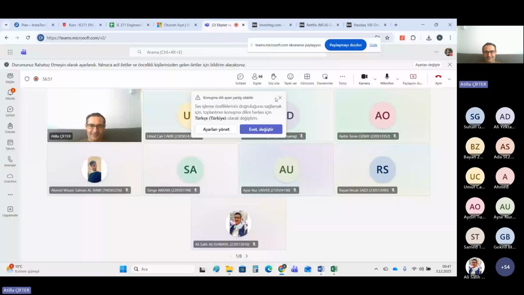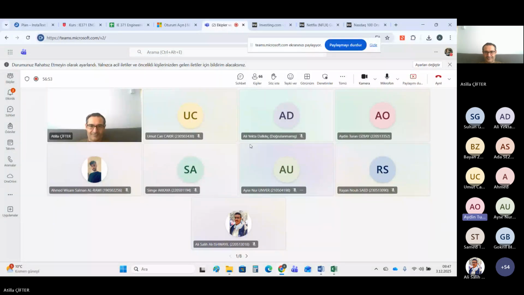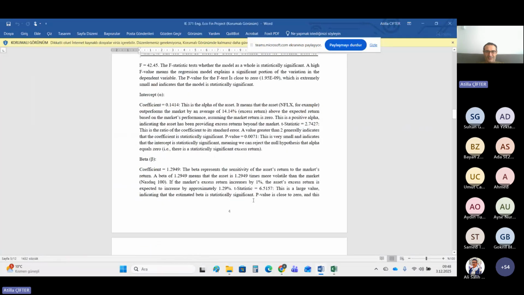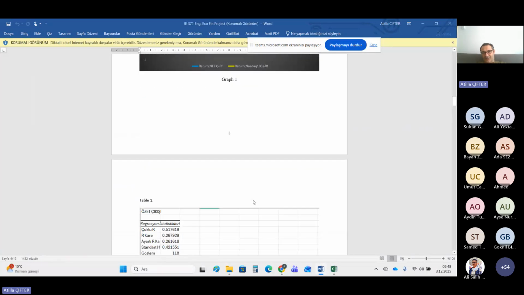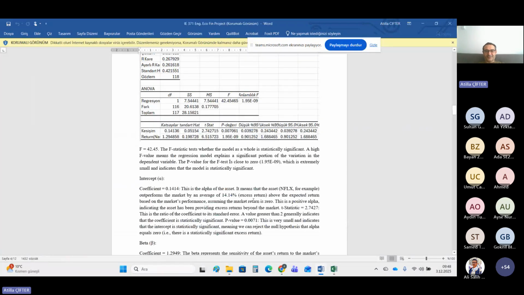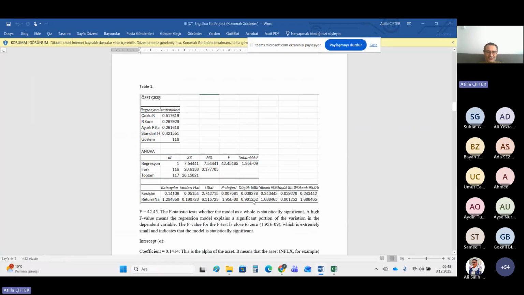So is it clear? We only show the results as graphs and tables for analysis. First, you take the graphs, then you run the regression and paste it into this Word file, and then evaluate the Excel results according to your updated stock.